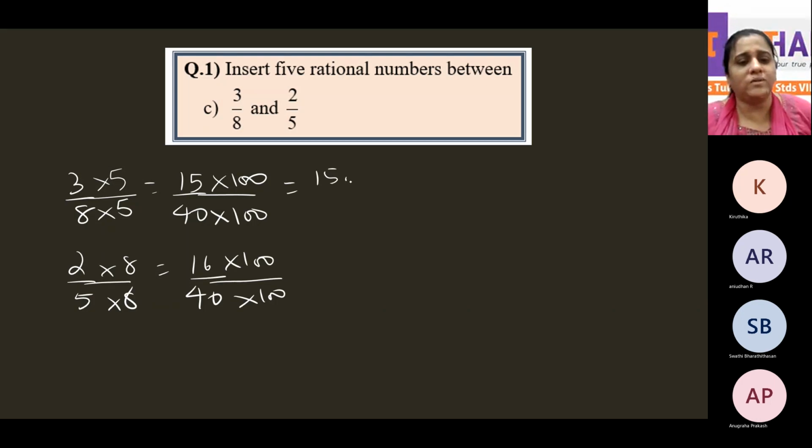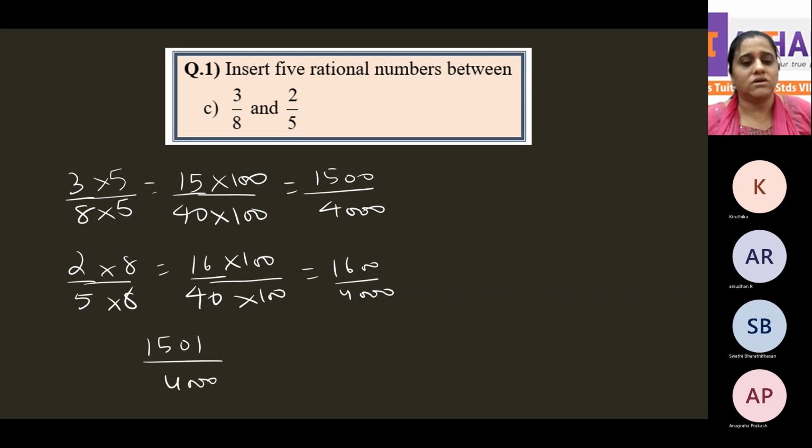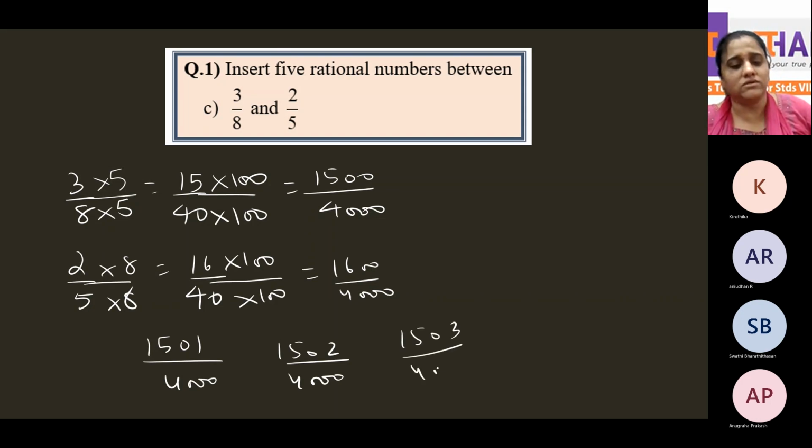You get 1500 by 4000. And here 1600 by 4000. So now you can write 1501 by 4000, 1502 by 4000, 1503 by 4000. All these are rational numbers between 3 by 8 and 2 by 5.